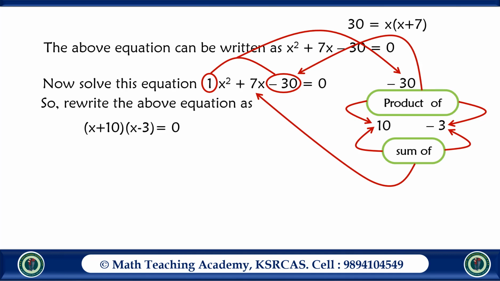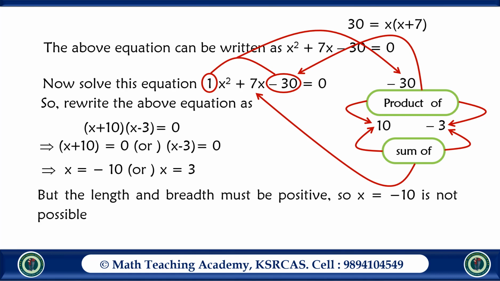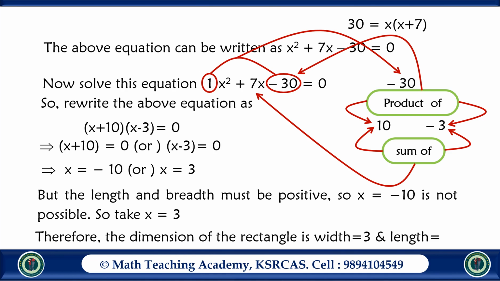Then the above equation can be written as x plus 10 into x minus 3 is equal to 0, which implies x plus 10 is equal to 0 or x minus 3 is equal to 0, which implies x equal to minus 10 or x equal to 3. But the length and breadth must be positive, so x equal to minus 10 is not possible, so take x equal to 3. Therefore, the dimension of the rectangle is width 3 meters and length 10 meters.